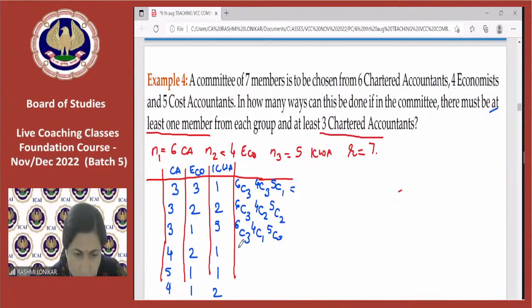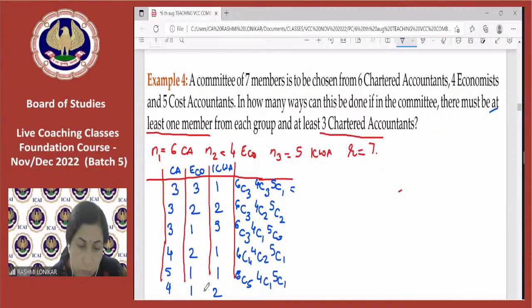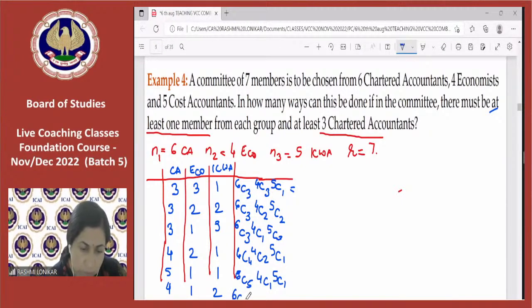Then I have 6C4, 4C2 and 5C1. 6C5, 4C1, 5C1. Here it will be 6C4, 4C1 and 5C2. Okay. If I solve all of this, this is going to give me 3570.